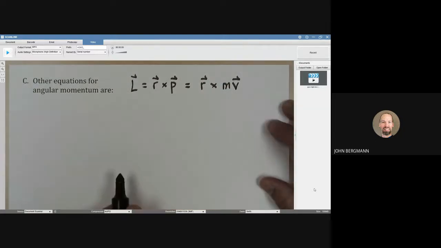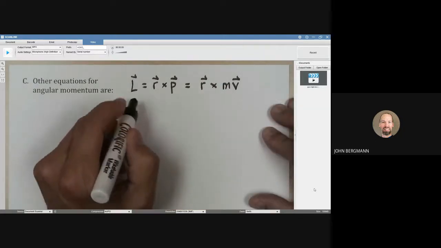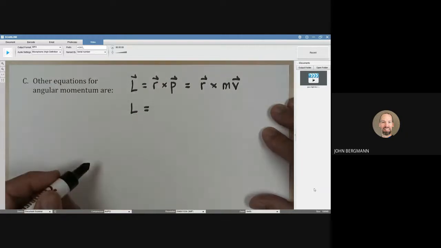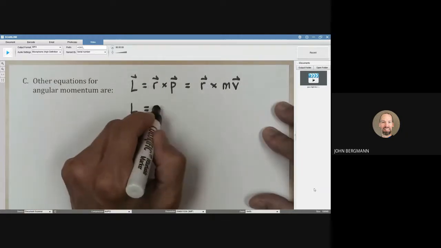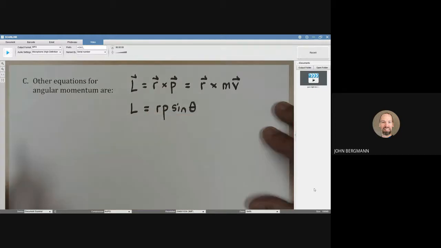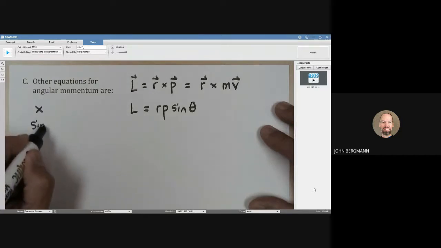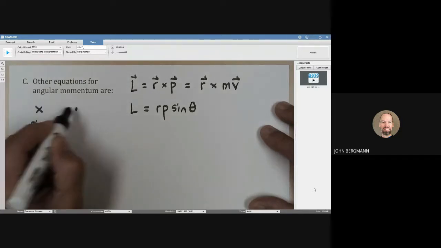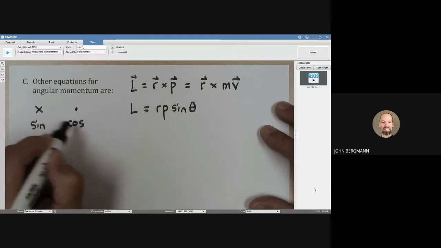Those are possibilities. The magnitude of angular momentum, you remember when we do a cross product, we multiply by the sine. The cross product, you use the sine function. And for the dot product, you use the cosine function.